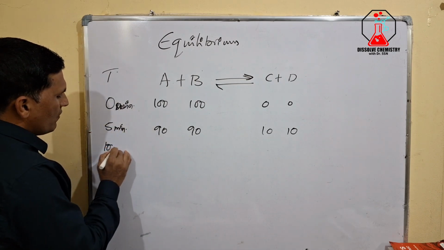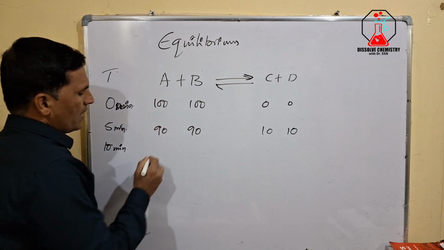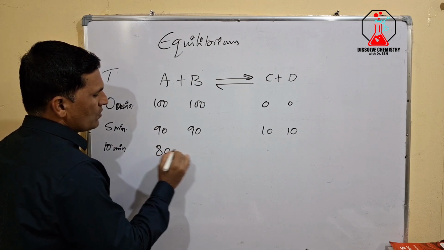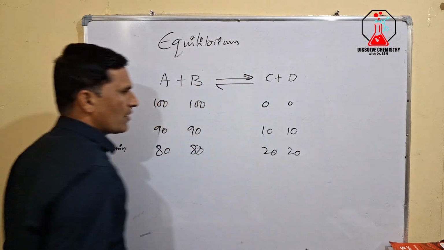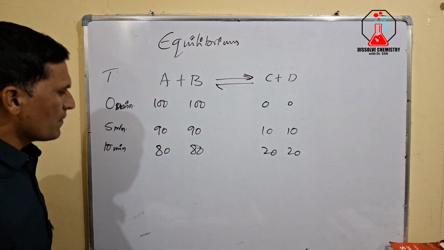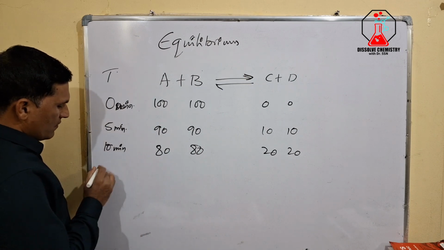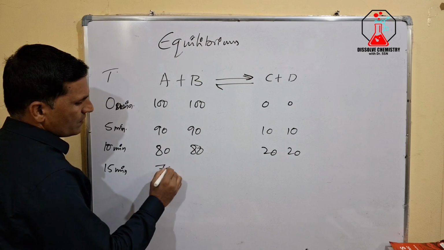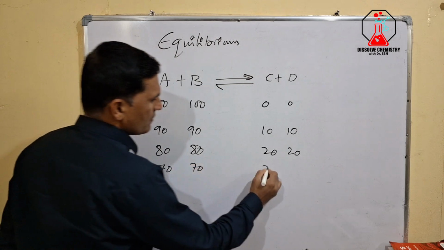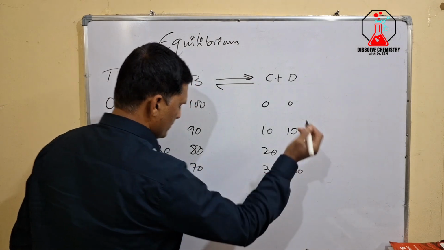Later at 10 minutes, I checked and it was found to be 80, 80, 20, 20 for the product. After 15 minutes, I checked once again and it was found to be 70, 70, 30, 30.